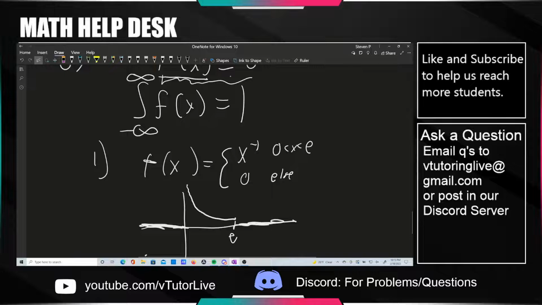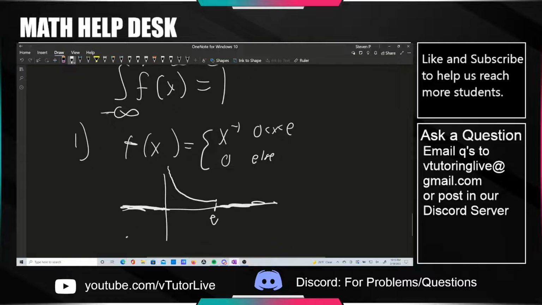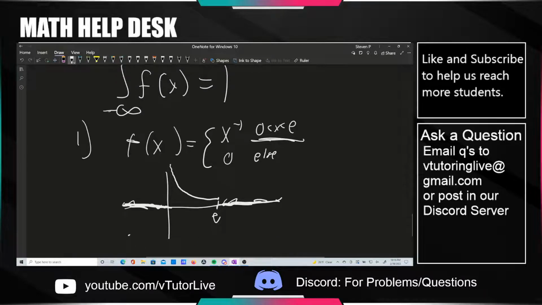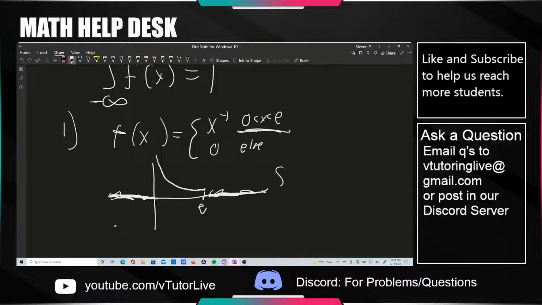Don't get too confused about integrating from negative infinity to infinity, right? I'm trying to imagine what a first-time student might be confused by, and they see that this is only from 0 to e, so how do I integrate it from negative infinity to infinity? Well, the integral for these parts is just 0, so don't even worry about it. It's sort of like saying the integral from negative infinity to 0, plus the integral from 0 to e, plus the integral from e to infinity.